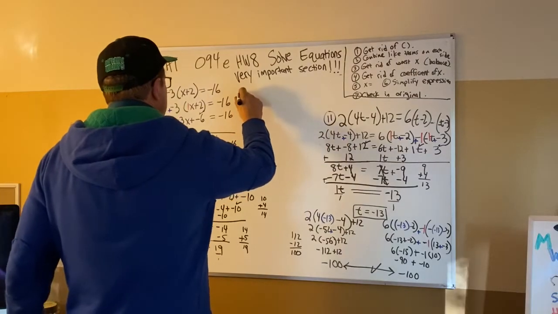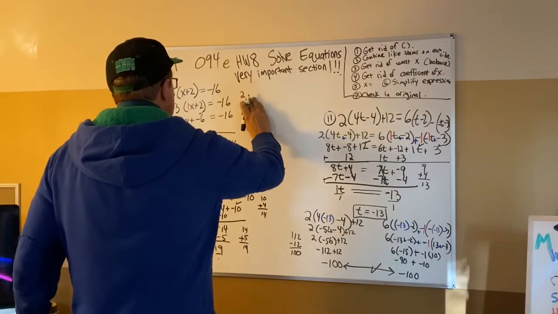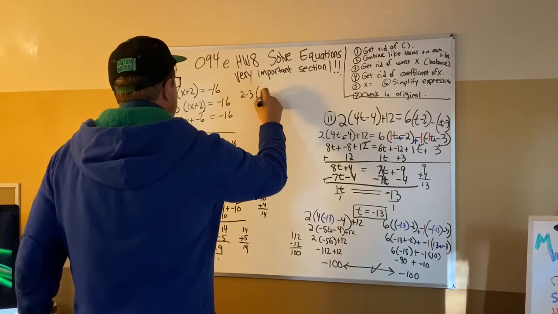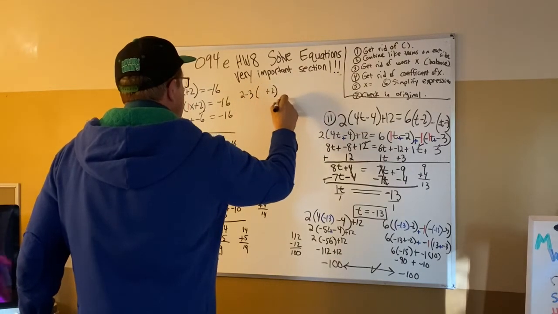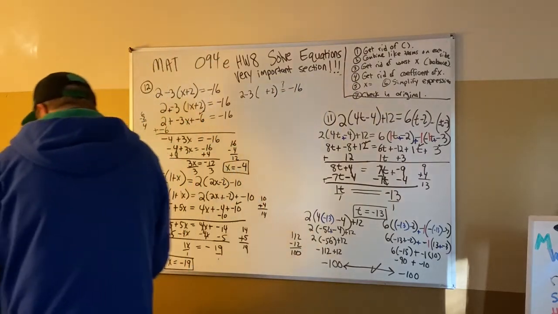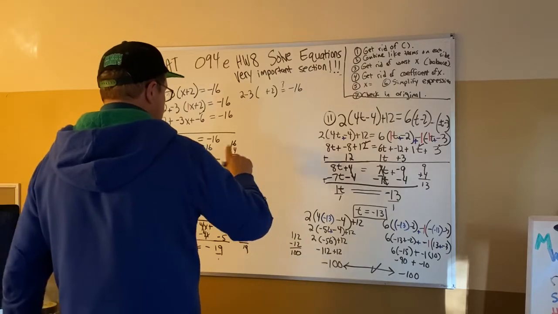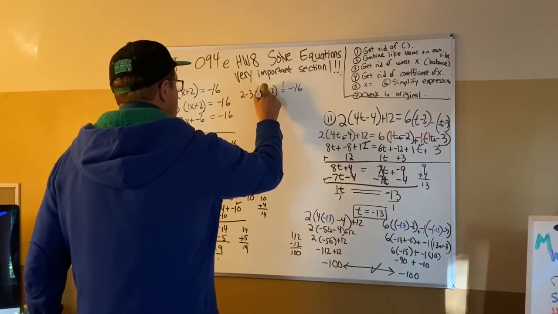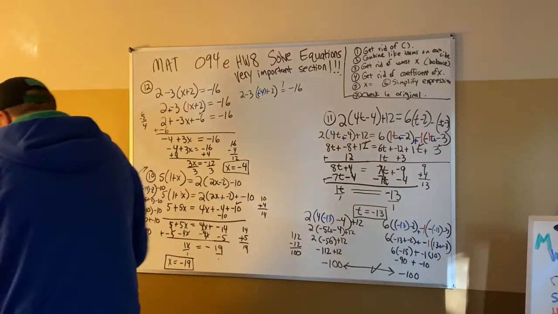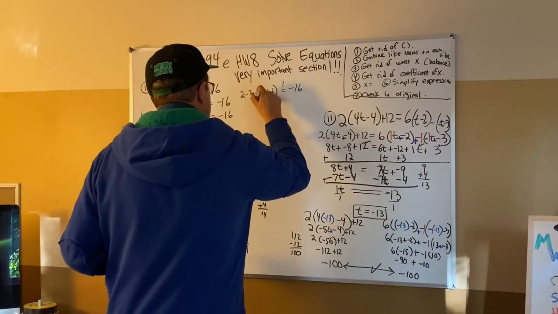When I go back up here, 2 minus 3 times my number plus 2, and it's supposed to equal negative 16 when we're done. My number's going in as negative 4. Now it's in parentheses, so of course I've got the 1 here, but that's okay.